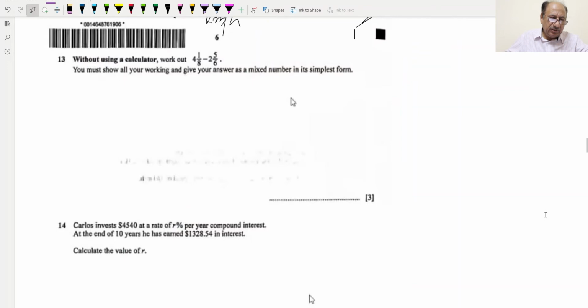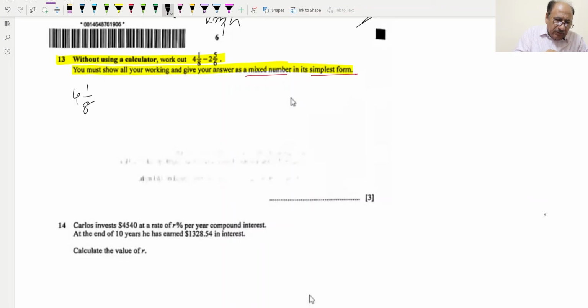Now question number 13, without using a calculator, work out this fraction. You must show all your working and give your answer as a mixed number in its simplest form. So answer should be in mixed number and it should be in simplified form. So we'll convert 4 whole 1 by 8.